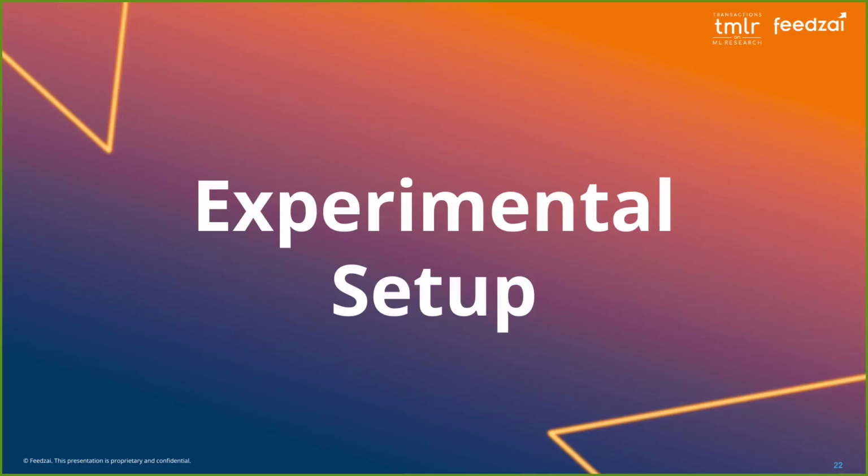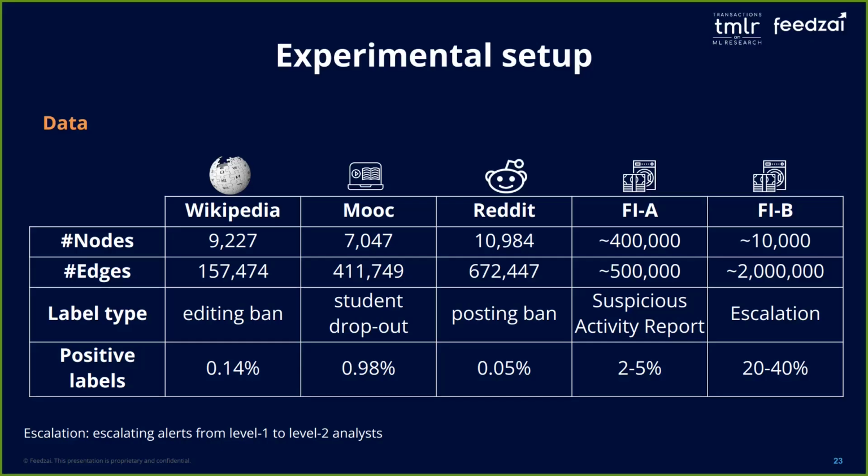To evaluate our Deep Graph Sprints method, we use the following experimental setup. As per the data, we use 5 different datasets from different domains. 2 of these datasets are internal to Feedzai. They are real-world datasets from the anti-money laundering domain. For these datasets, we cannot mention the exact details nor the identity of the financial institution due to confidentiality constraints.